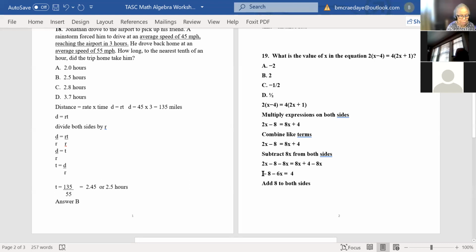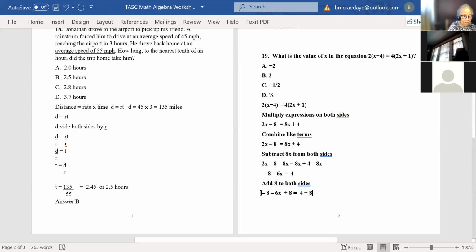Okay, so let's just do this. I add 8 here on the left, plus 8. And then I add 8 on the right, plus 8. And the minus 8 plus 8 will give me 0.